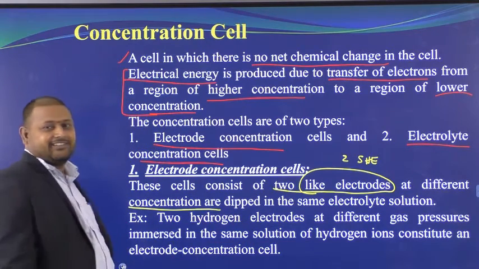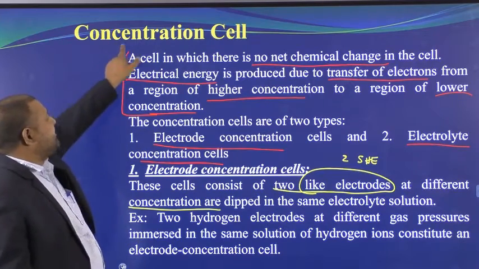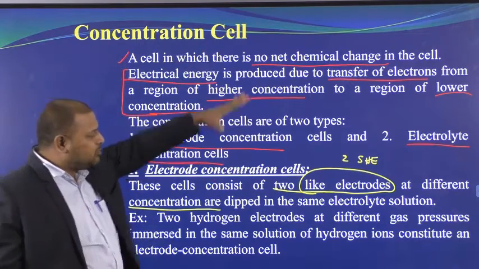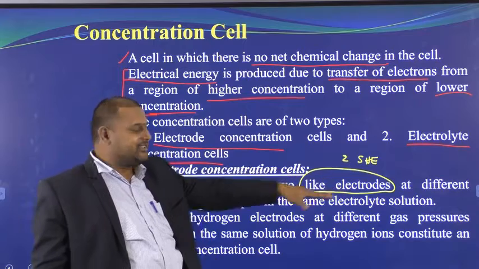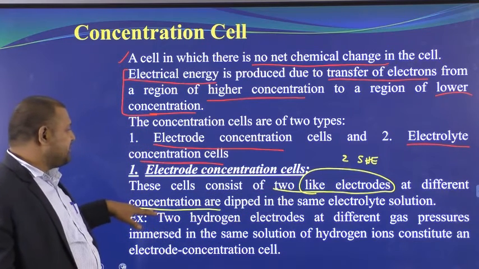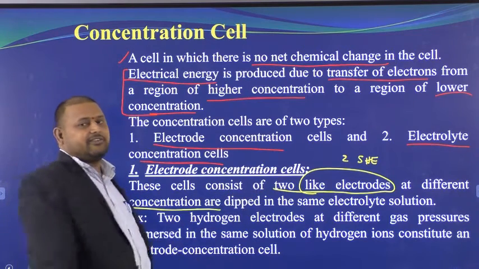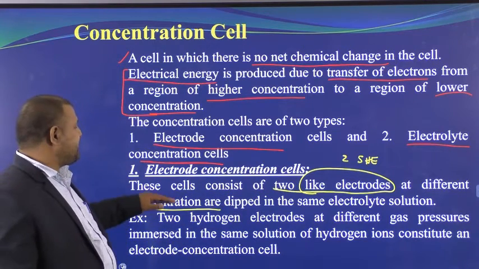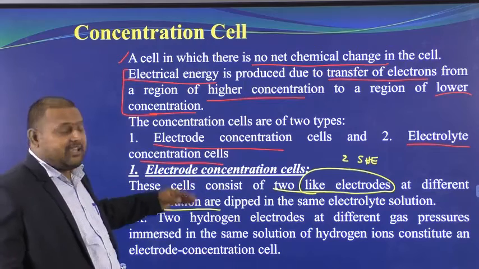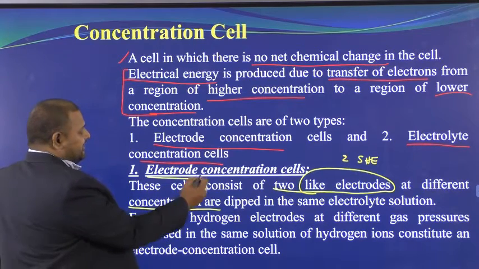This is important; the name itself says concentration cells. So we take two electrodes of the same type and keep them at different concentrations, dipped in the same electrolyte solution. That type of cell is called an electrode concentration cell.